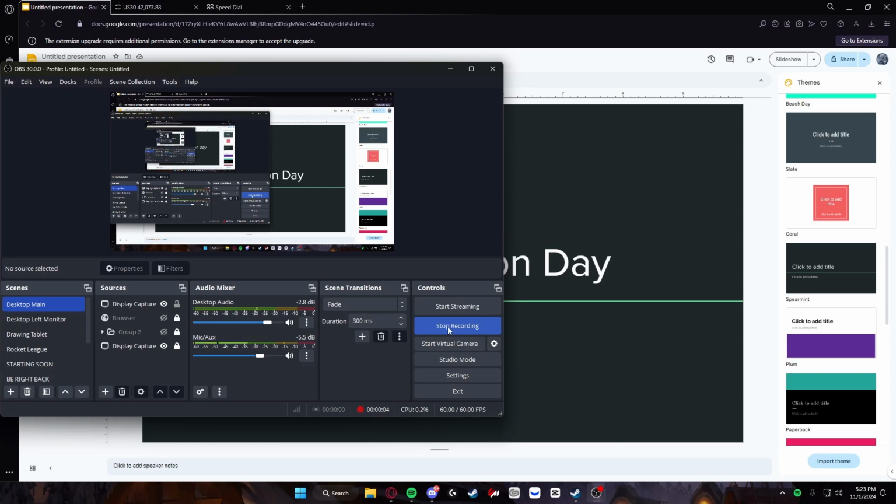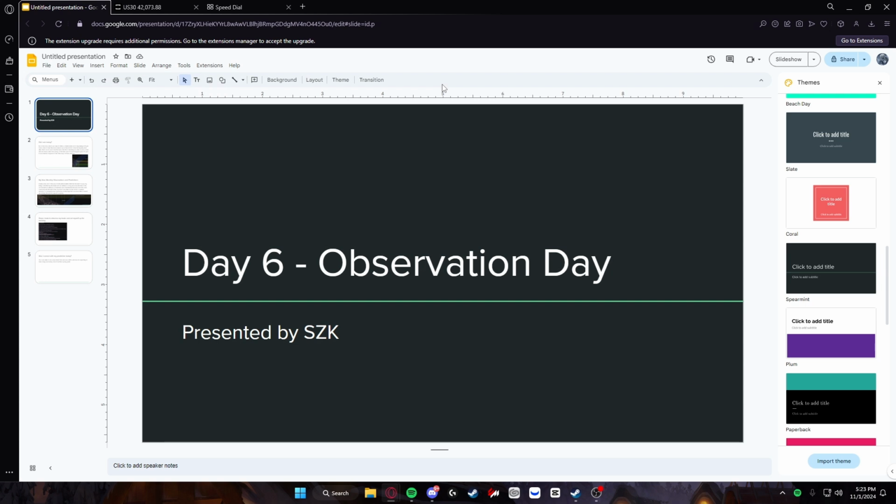Day 6. So today was a lot more of an observation day. I did end up taking a trade, but it was a very small trade and I only risked minimal money, like 1% of my account. So I don't really care about it.